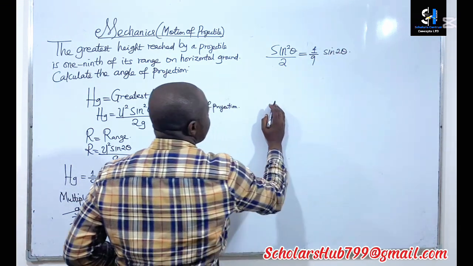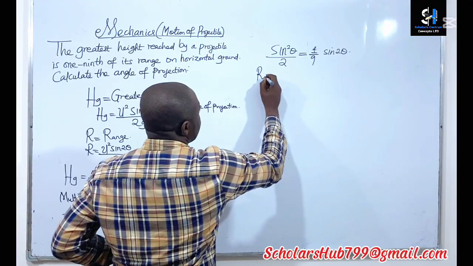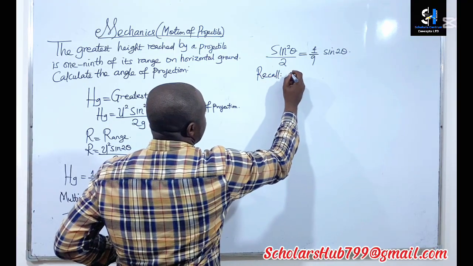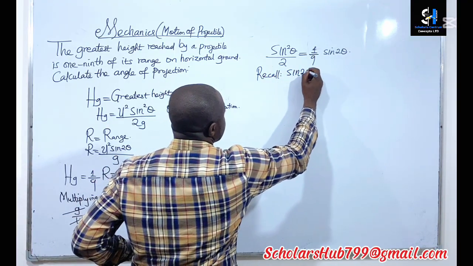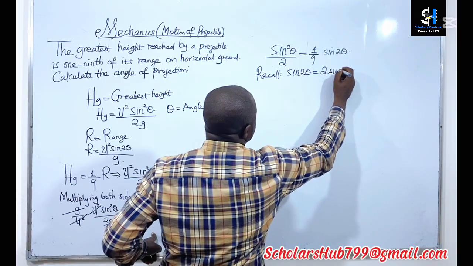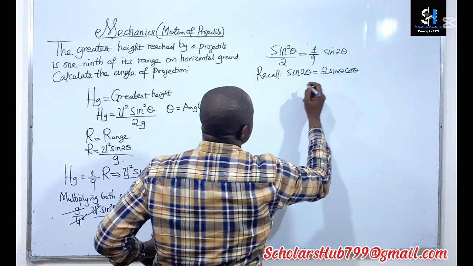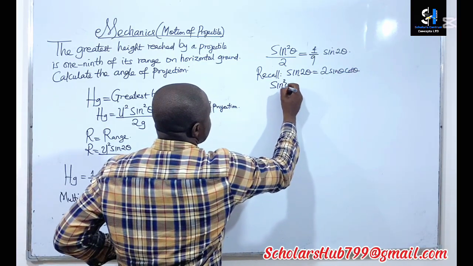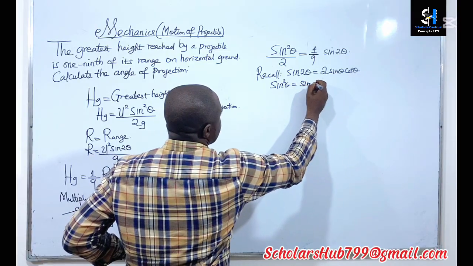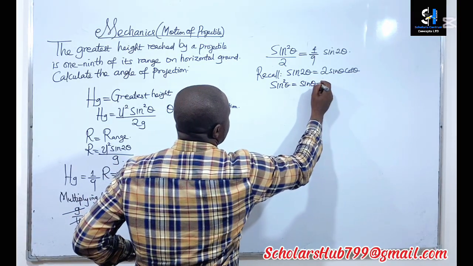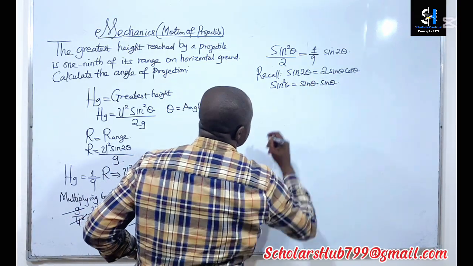Now let's recall, sin 2 theta is 2 sin theta cos theta. Then also we know that sin² theta is the same thing as sin theta multiplied by sin theta.